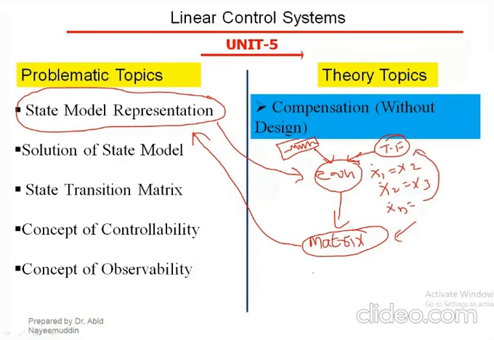You will get the resultant x dot is equal to ax plus bu, where x is the state variable and u is the input. In the same way, the expression for output can be written as y is equal to cx plus du, where a, b, c, d are all constant matrices. u is the input and x is the state variable.